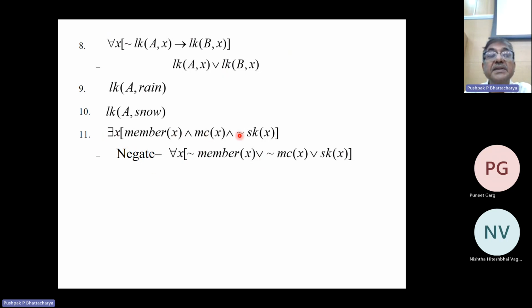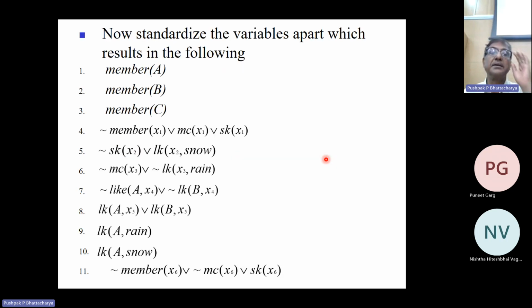So this formula is equivalent to for all x, not member(x) or not mountain climber(x) or not not SK(x). This is De Morgan: not of A and B and C is converted to not A or not B or not C. So now all the processing on these formulae is done, and we are ready to take the next step.